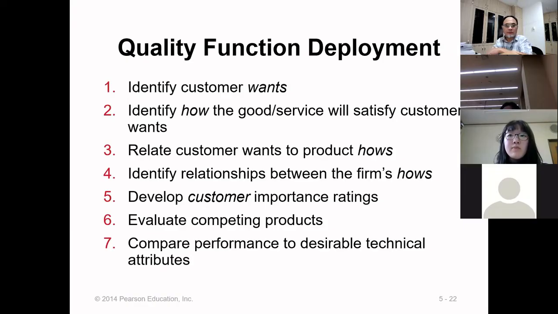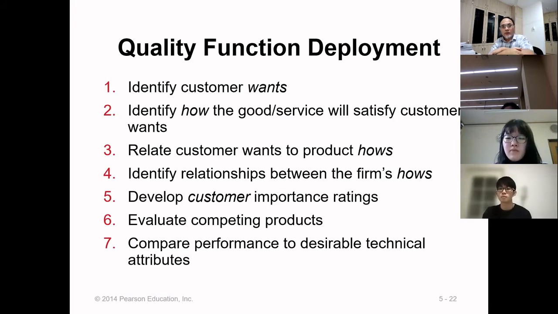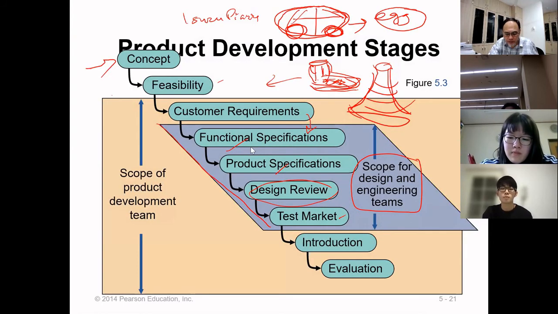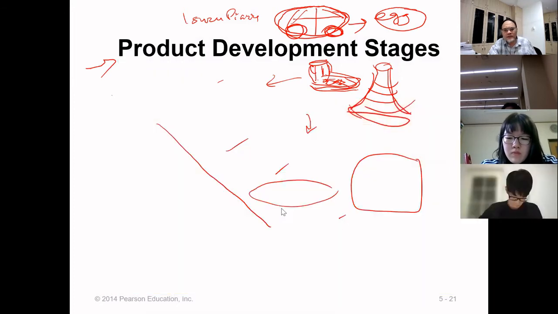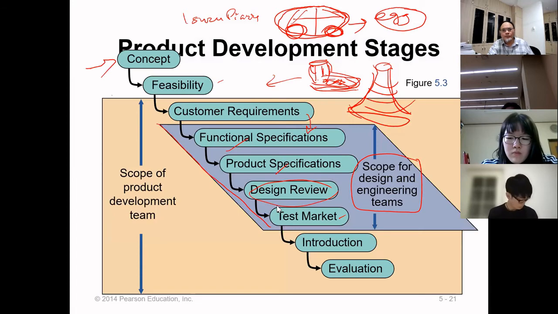Okay, we were talking about product development stages, and these are the main ones. We need a product development system for developing products.